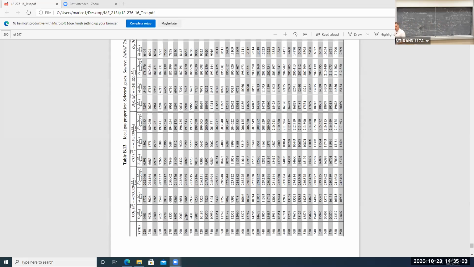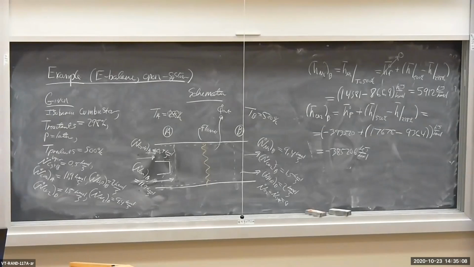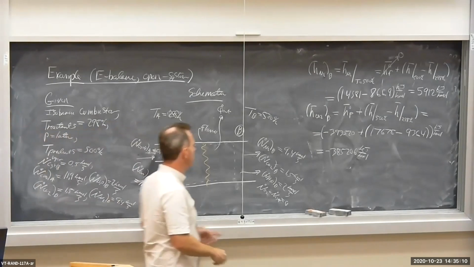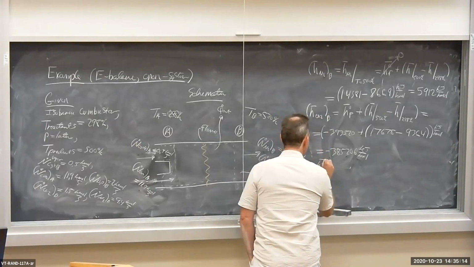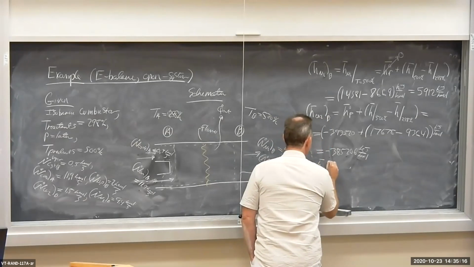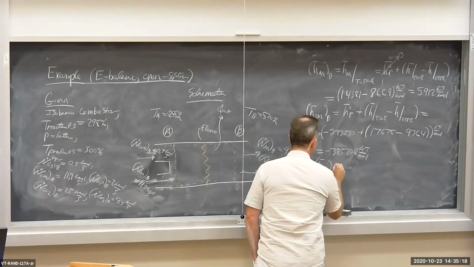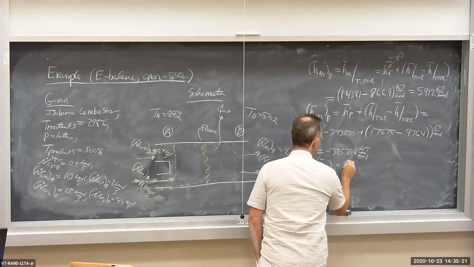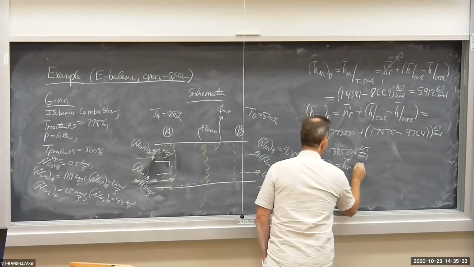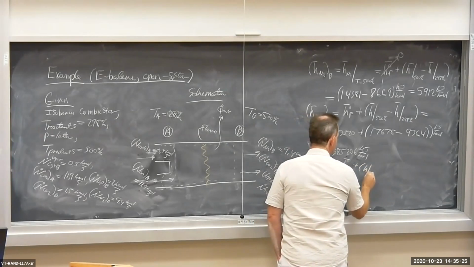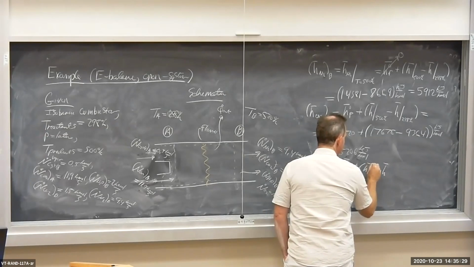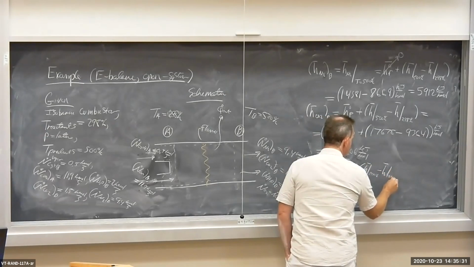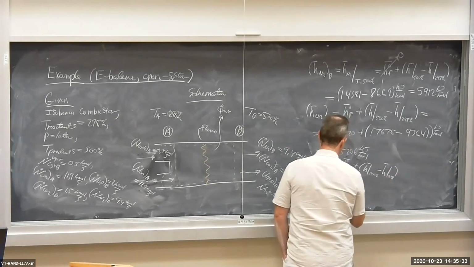H bar for the H2O at the product side is going to be equal to the enthalpy of formation for the H2O plus the specific enthalpy at 500 Kelvin minus the specific enthalpy at 298 Kelvin.